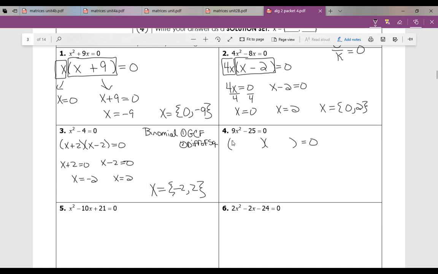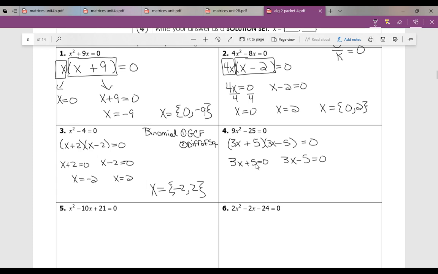What times itself gives you 9? So 3x and 3x. Always 1 plus, 1 minus. How do you break up the 25? The 5s. So I get 3x plus 5 equals 0. And I get 3x minus 5 equals 0.